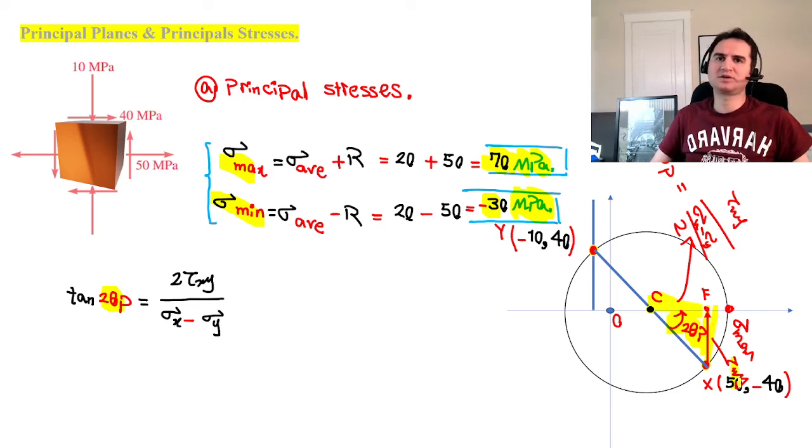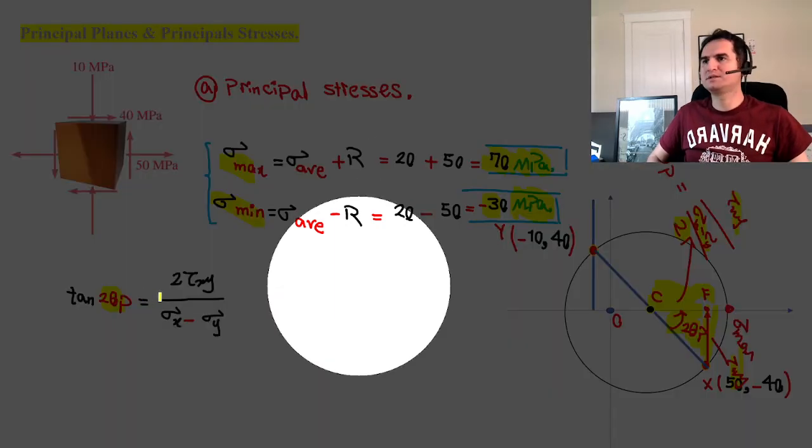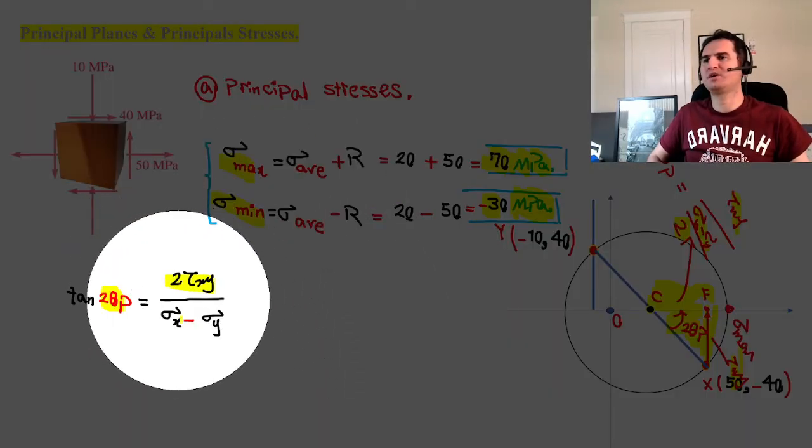My rise is tau xy, my run is the CF distance, that's sigma x minus sigma y over 2. If you just replace that 2 at the numerator, it gives you tangent of 2 theta p equal to 2 tau xy over sigma x minus sigma y.